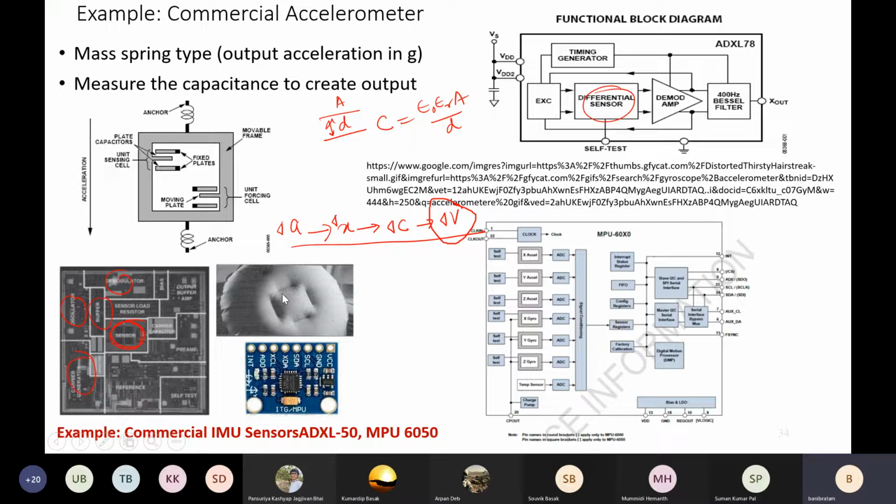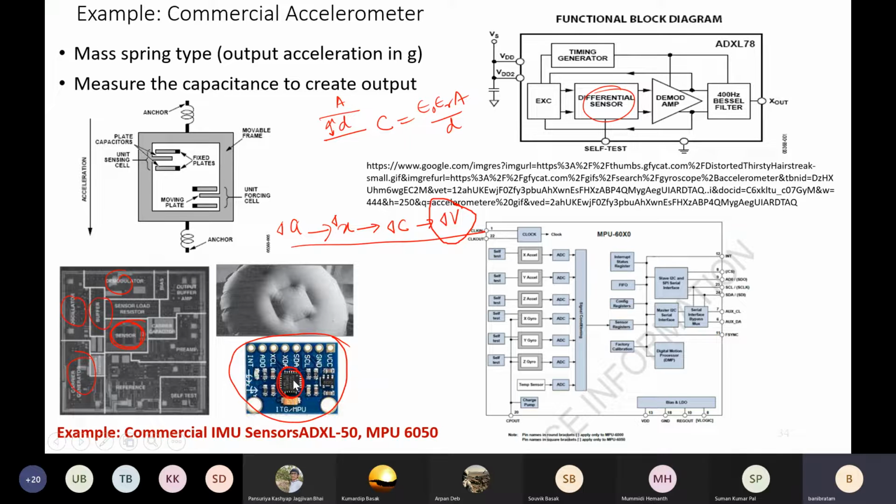Another recent development in accelerometer based sensors is the MPU 6050 IC. This is the complete chip, and this is the small board, and inside this small board is the actual IC.